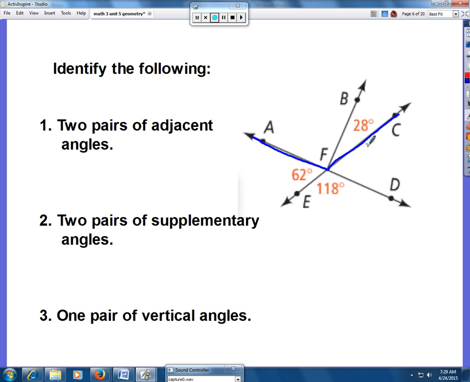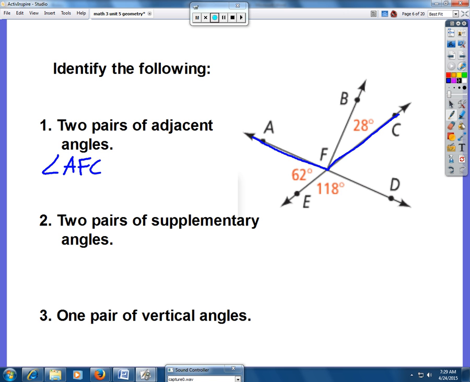So let's say I want to start with angle AFC, and I want to look for an angle that is adjacent to that. So I want an angle that shares a side and the vertex, but nothing else. So the two sides are CF or AF. CF, we could go with D, and that would be an adjacent angle.